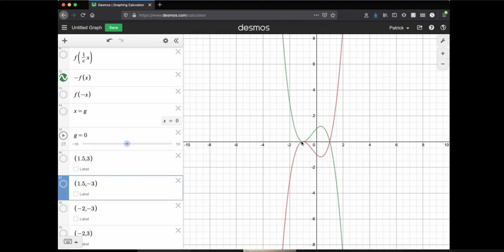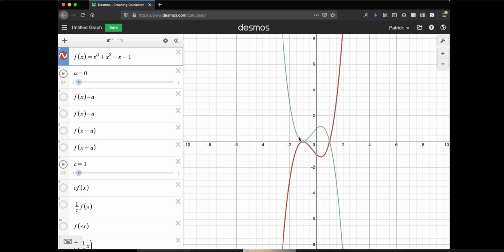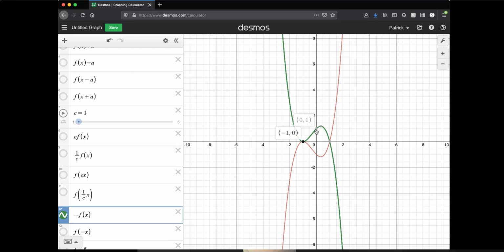You'll want to plot this green curve. And it really is, honest to goodness, just reflecting this thing over the x-axis. It's like there was a mirror on the x-axis and you just traced what you saw in the mirror.